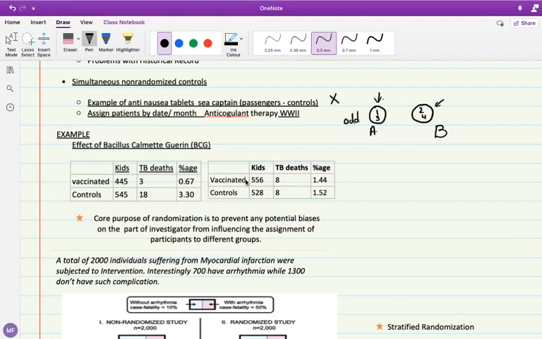It has been noticed, based on the observation, that the vaccinated individuals were all more cooperative kids.